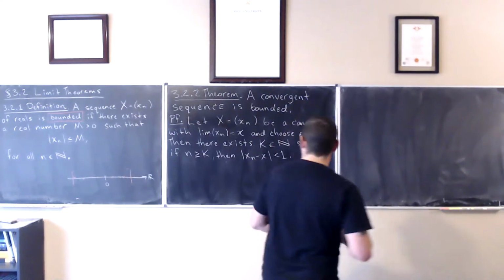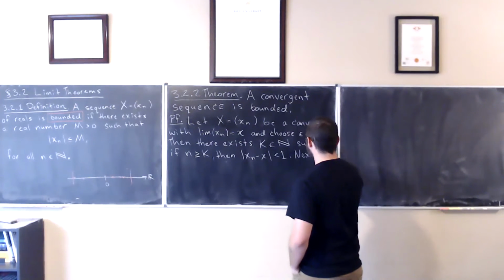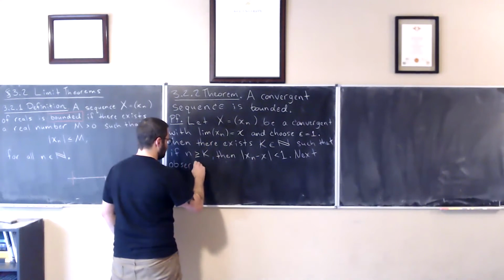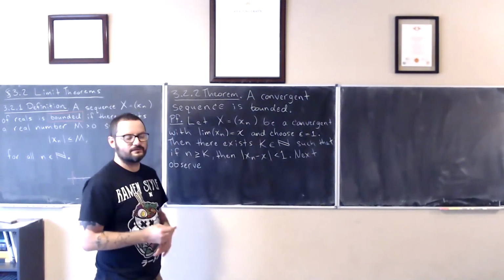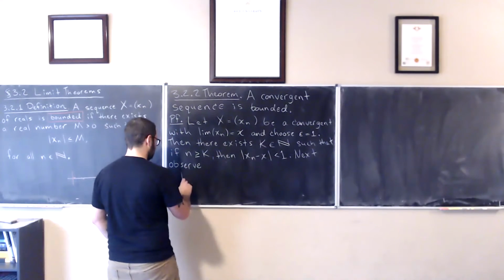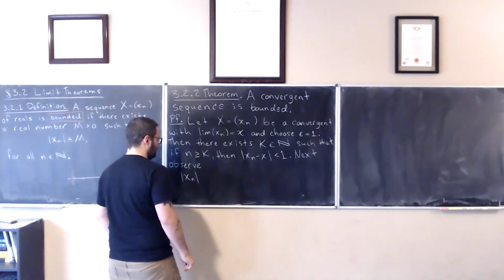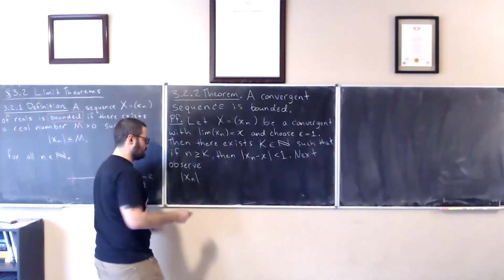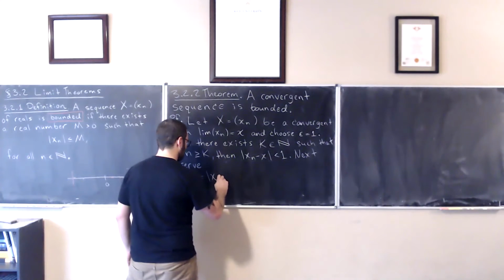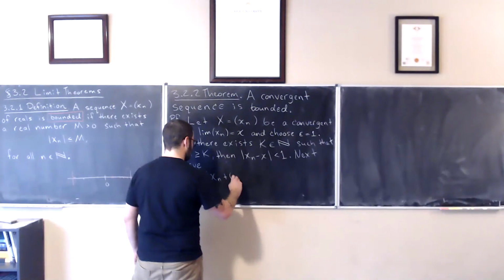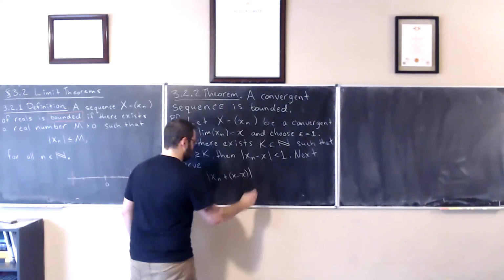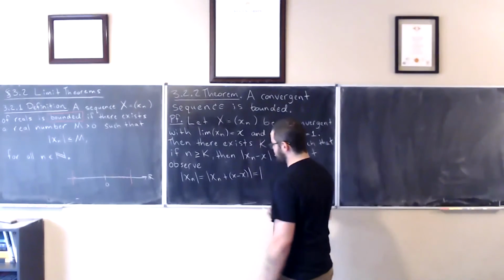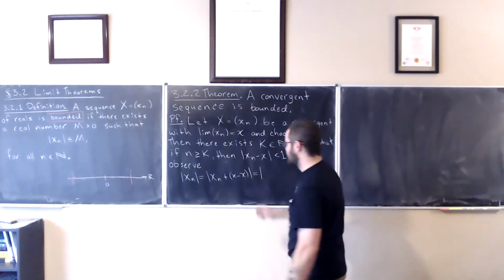Next, observe, we're going to try to get an estimate on x_n. Well, what we can do is the add and subtract thing that we often do, right? We just added 0. And then we can group these in a way that we can make use of this observation.